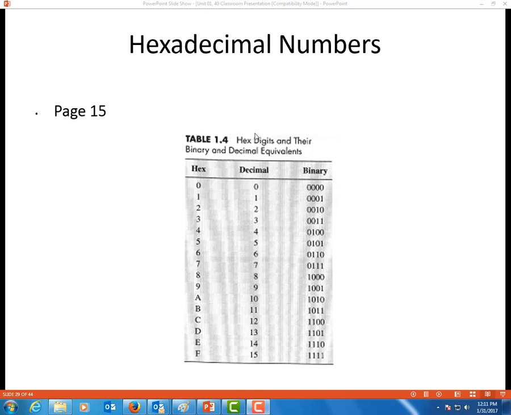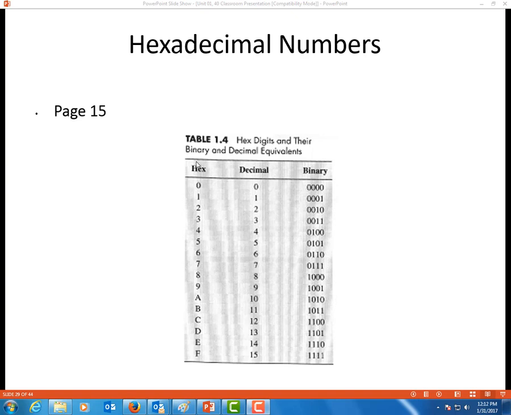If you recall, decimal is base 10, binary is base 2, hexadecimal is base 16. So the first question I want to answer is why base 16? Where did that come from?